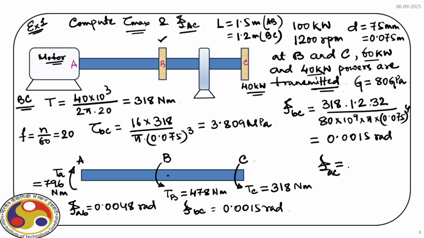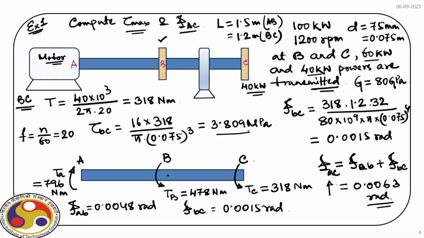Therefore, phi AC is equal to phi AB plus phi BC. And the total of these two is 0.0063 radian. So that is the total rotation over the entire length of the shaft, right? So you see, we can calculate the total rotation, and we have also calculated the stress, right?